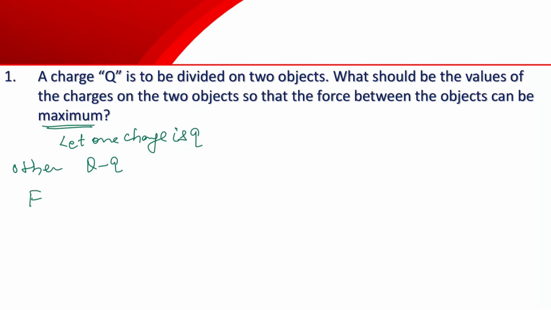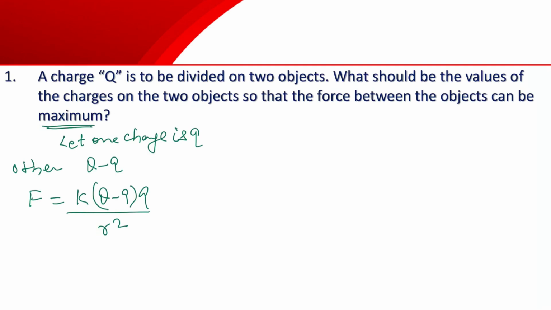According to Coulomb's law, the magnitude of force will be equal to k into q into Q minus q upon r square, where r is the distance between these two charges.